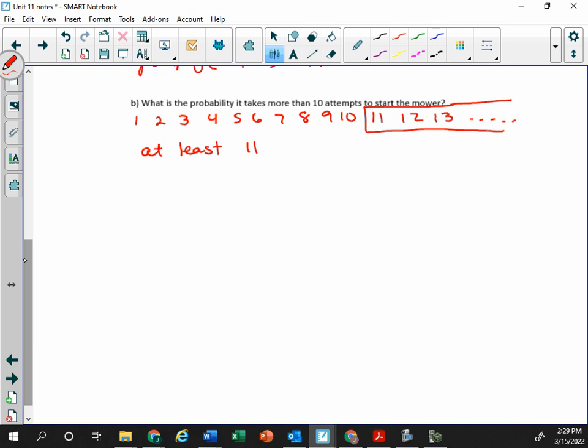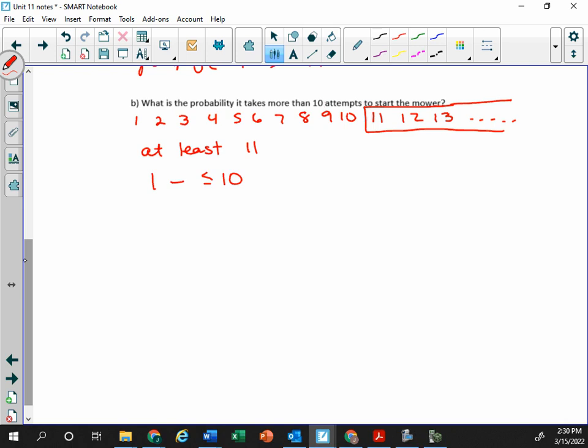Does anybody remember, we talked about it a little bit last unit, when you see the phrase at least, what do you need to do? 1 minus, yeah, 1 minus not that. So we're going to do 1 minus less than or equal to 10. I know that's very poor math notation there, but at least 11 is the same as not 10 or less, right?